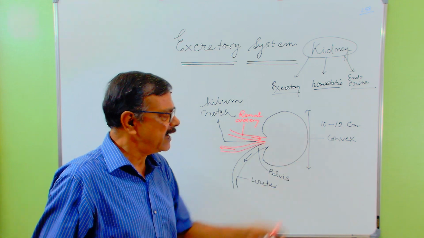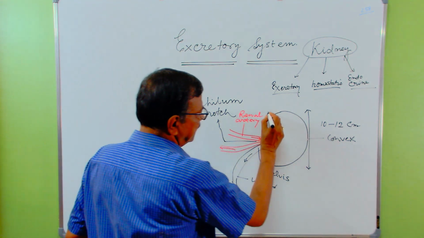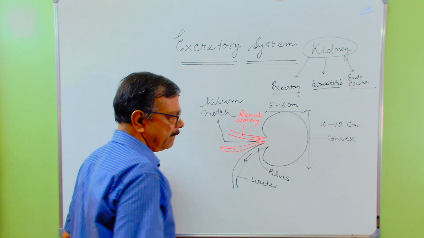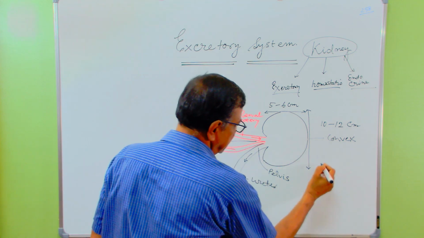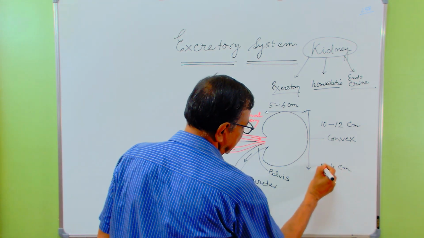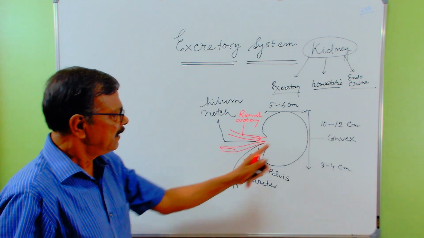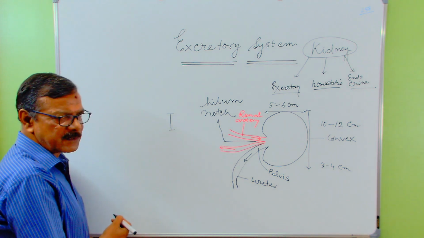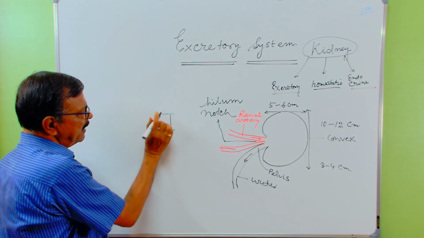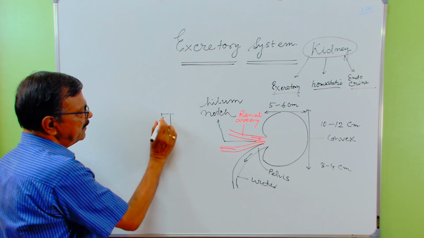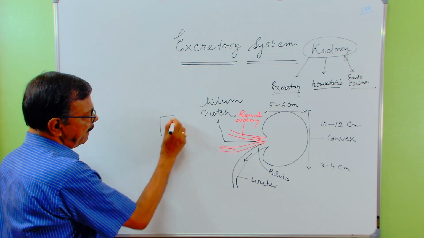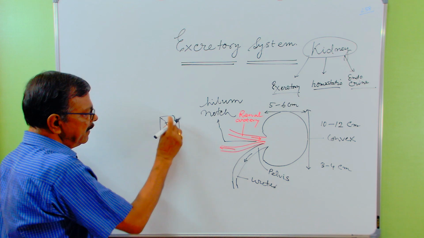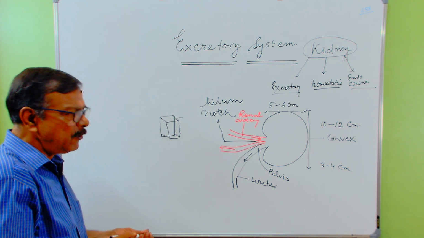So lengthwise it is 10 to 12 centimeter, the breadth is 5 to 6 centimeter, while the thickness is 3 to 4 centimeter.